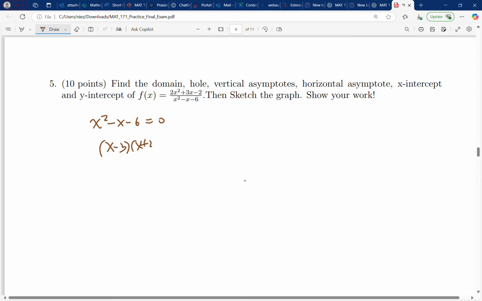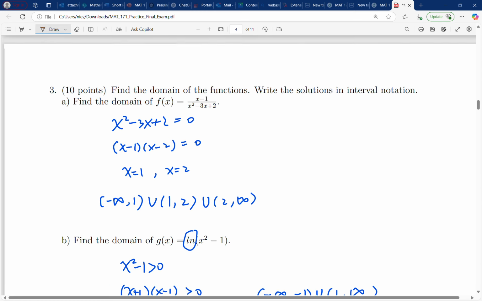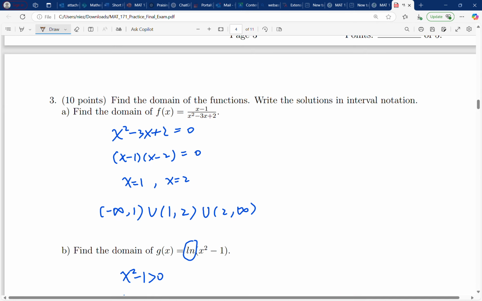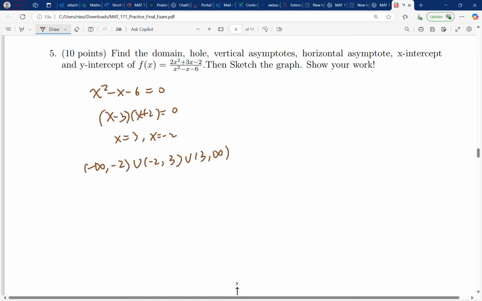You will get x minus 3 times x plus 2 equal to 0. So you get x equal to 3 and x equal to negative 2. So the domain is from negative infinity to negative 2, union negative 2 to 3, union 3 to infinity. This one is similar to 3a.